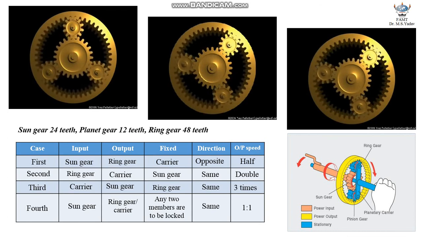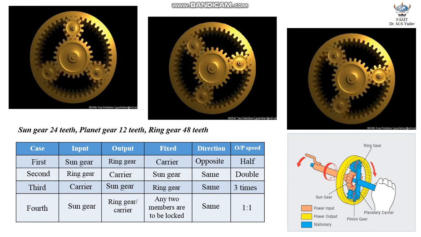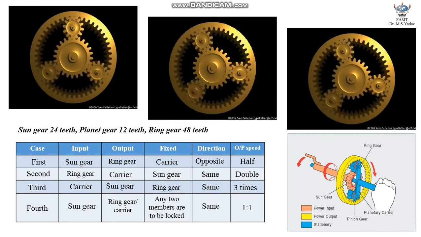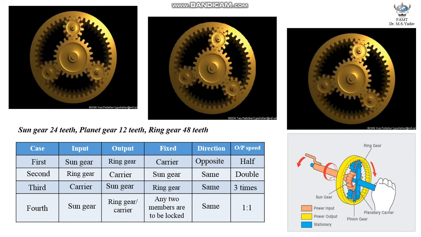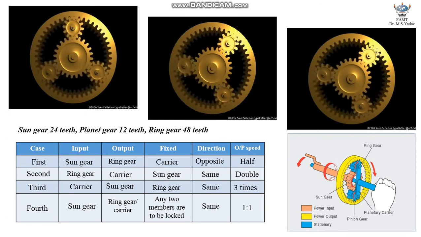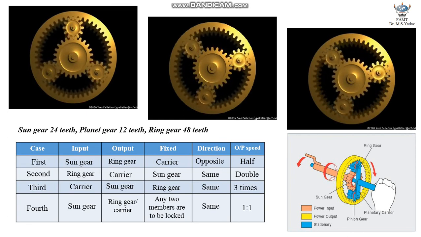So, it's obvious that with such a small and compact size, 4 different gear ratios can be obtained. Hence, epicyclic gear trains are commonly used in automatic transmissions in automobiles.